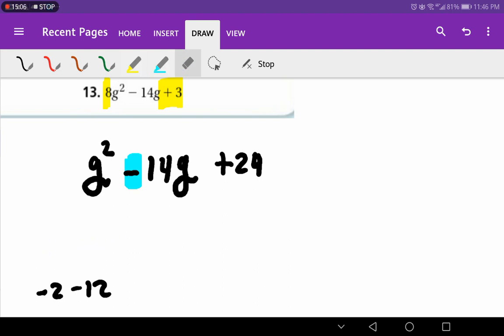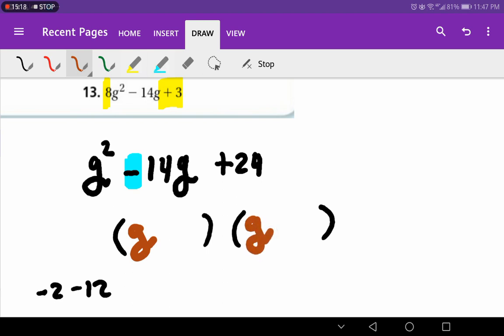So because I found it, I will write it correctly. I open this, I write g here and g here, okay, and -2 here and -12 here. Are you happy with that?